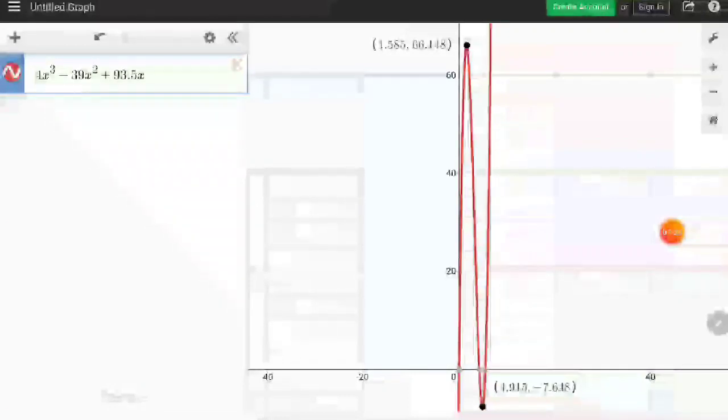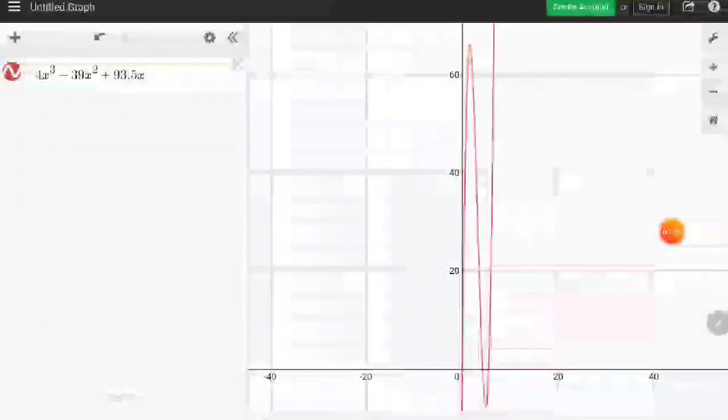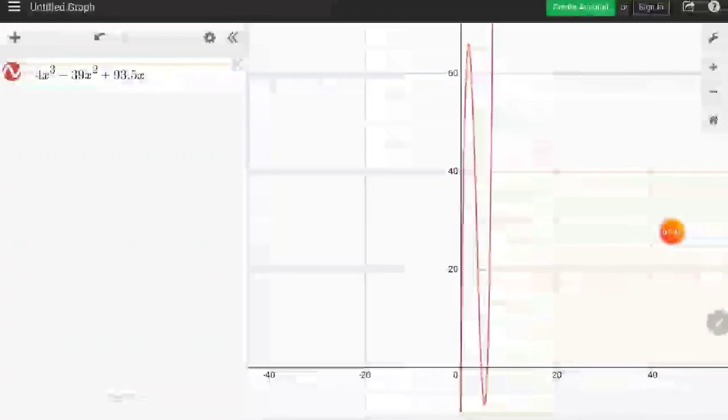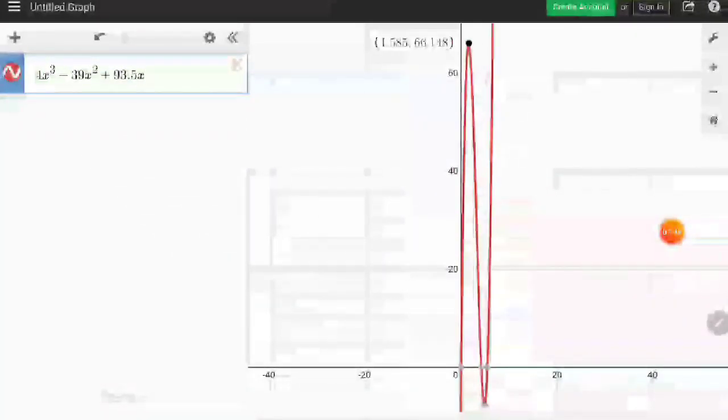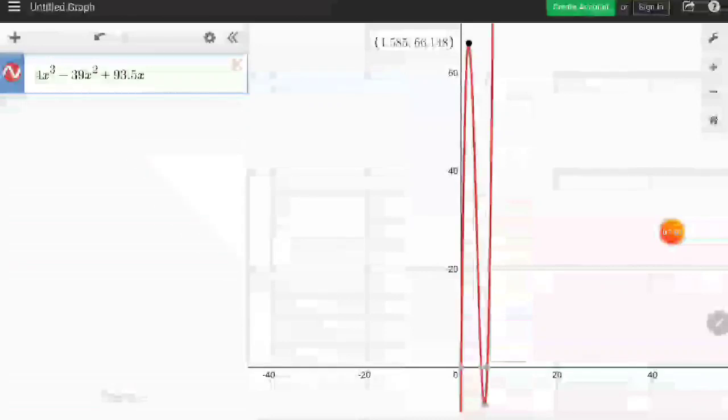So it says 1.585, and then it'll give us a volume of 66.148. Whenever you use this program, make sure you select your graph, and then you're able to look at the important points. Alright, so our max is that. Let me see if I can pause the video and copy that down really quick.